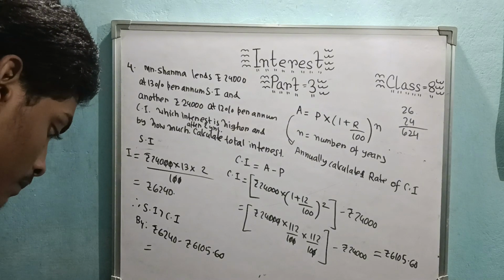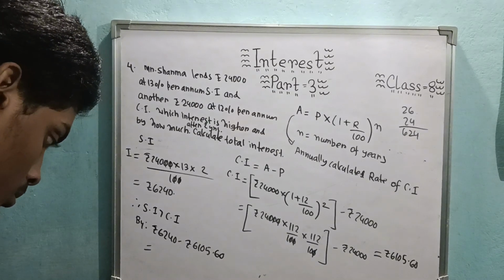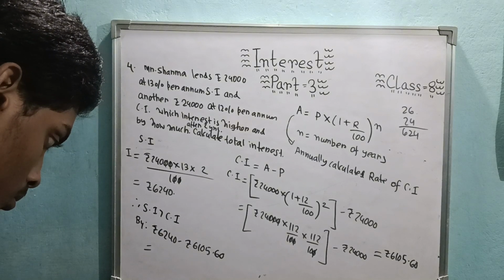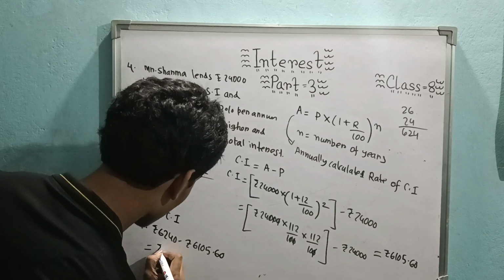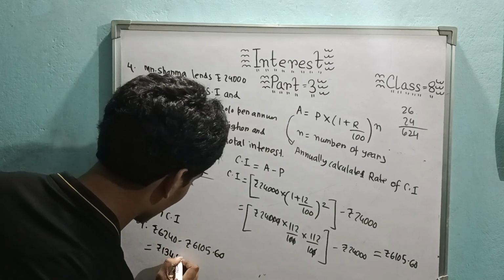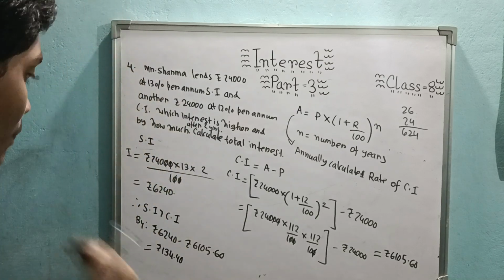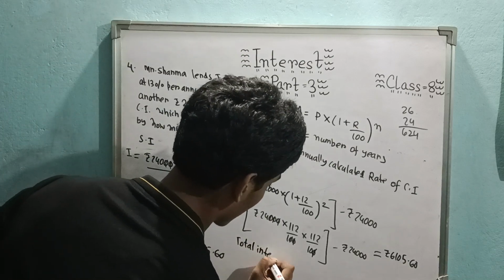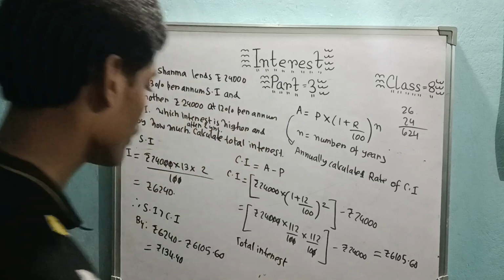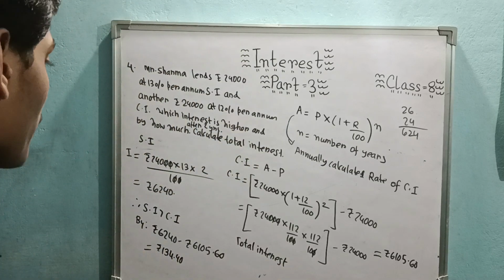Give me some time. Rupees 134.40. Total interest: what is the sum of the two interests, simple interest and compound interest?